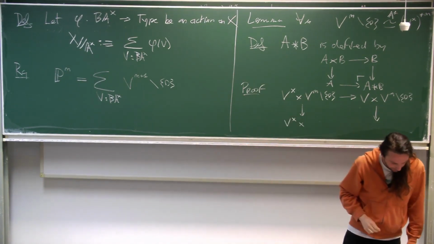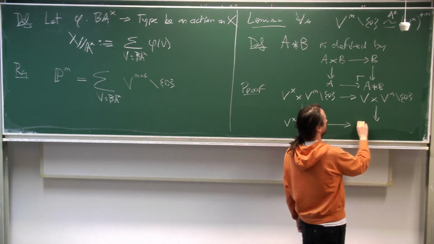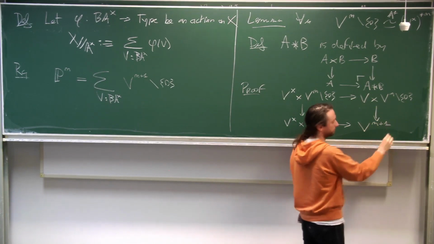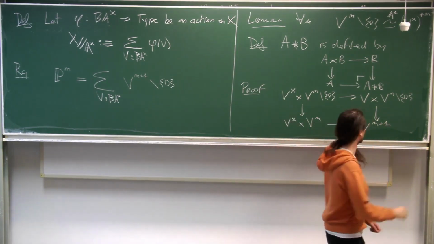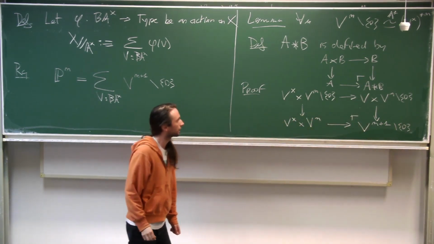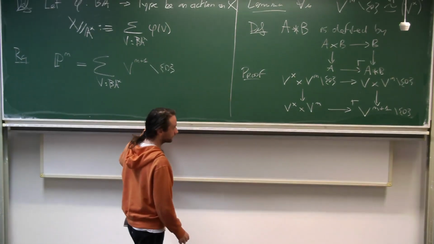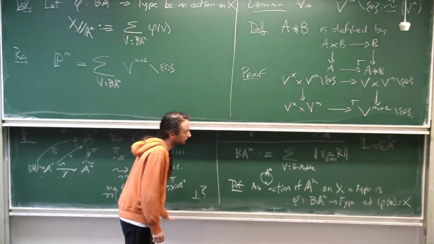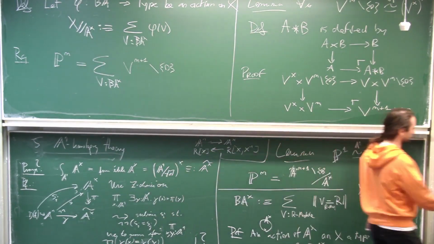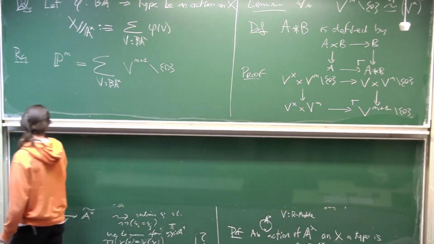Here it's Vn. And here it's just Vn plus 1 minus 0. So I have a pushout like this. And so now let's A1 localize.